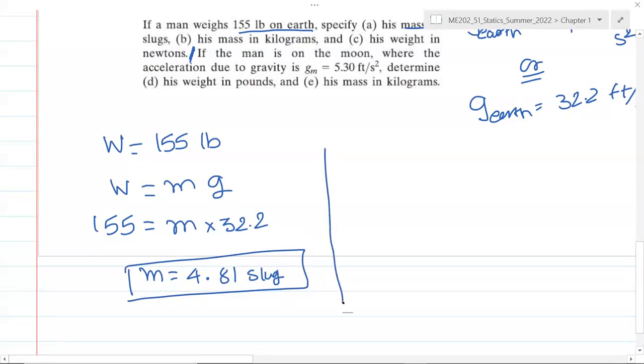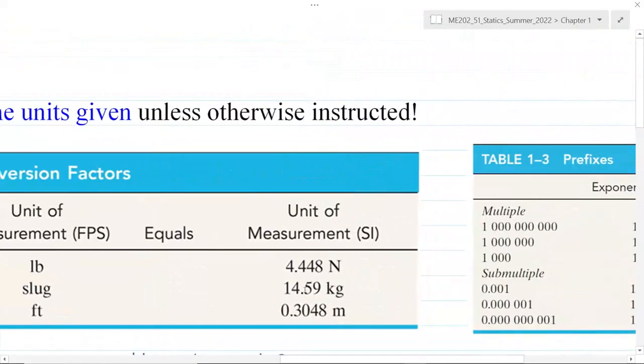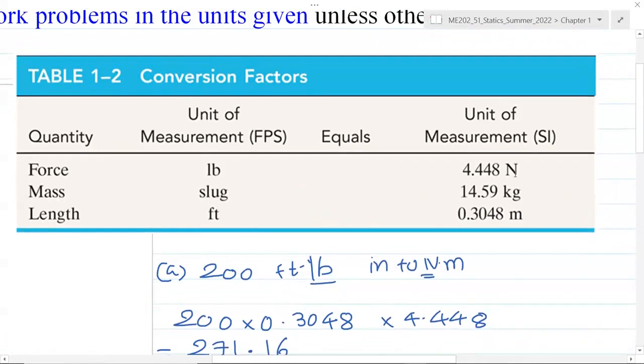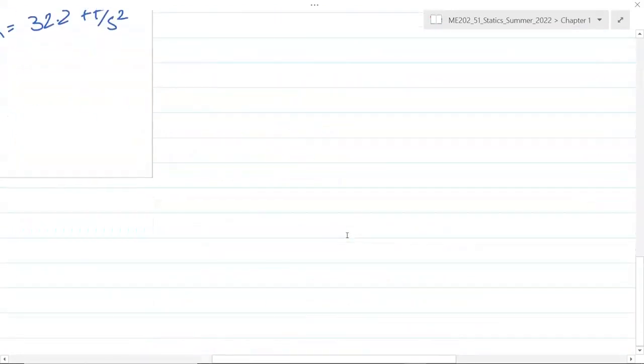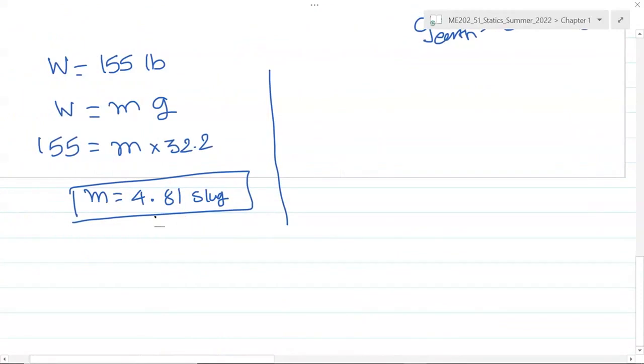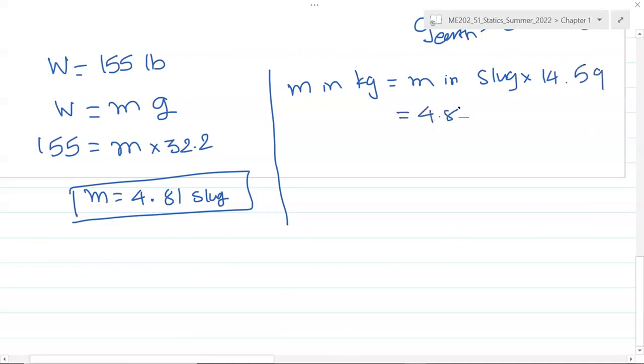Second, calculate his mass in kilogram. So to convert slug into kilogram, we will make use of this conversion chart. So one slug is 14.59 kilograms. So we basically multiply this number by 14.59. So M in kilogram is equal to M in slug multiplied by 14.59, which is 4.81 multiplied by 14.59, and that is 70.17.